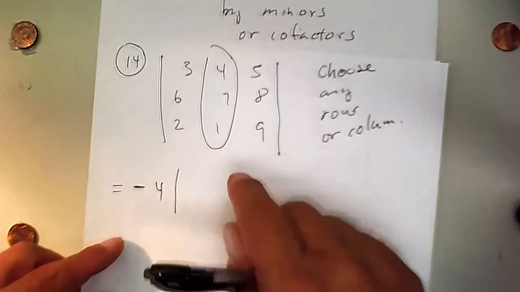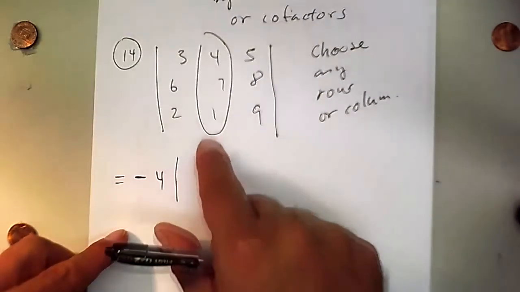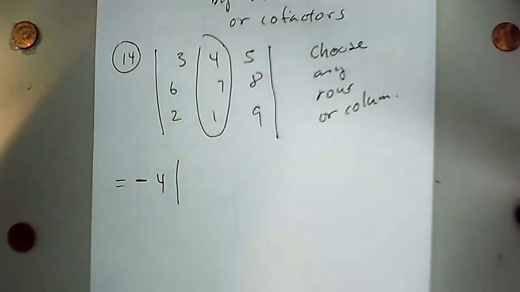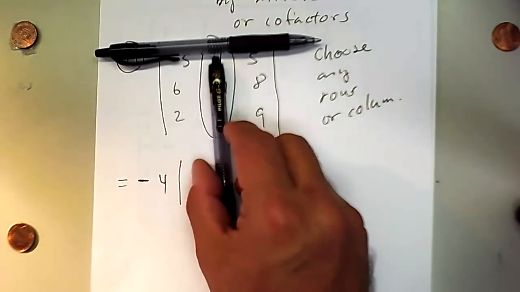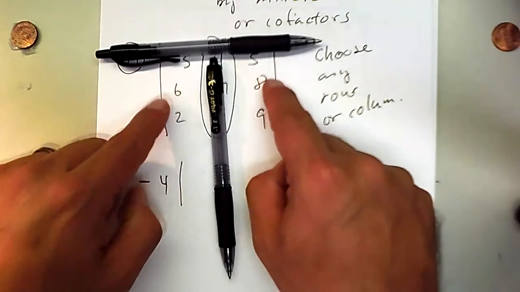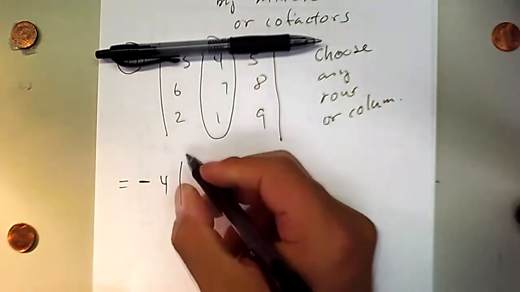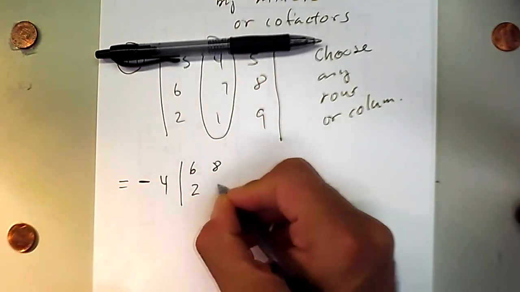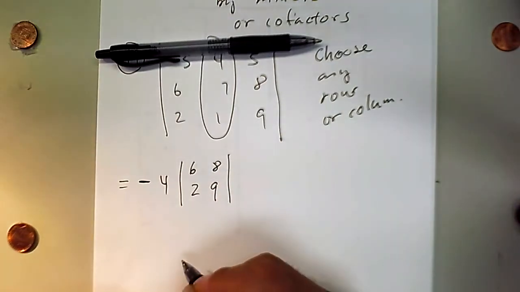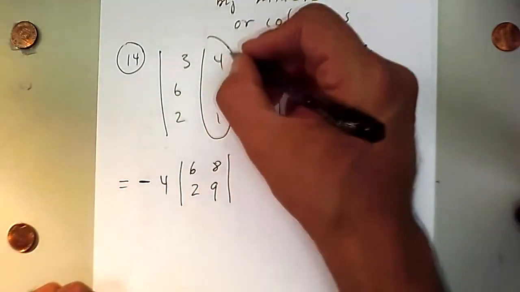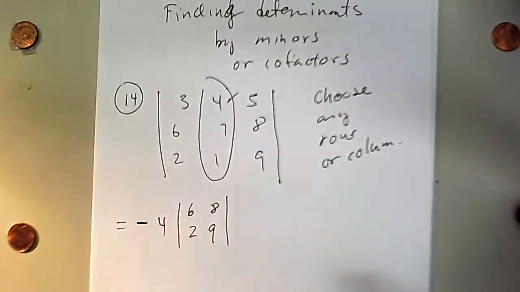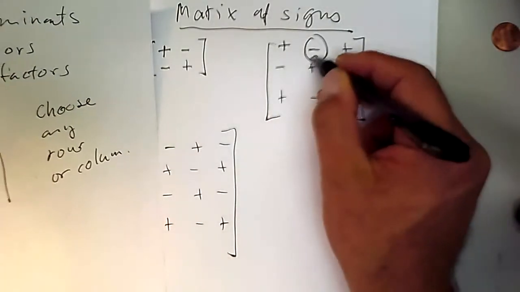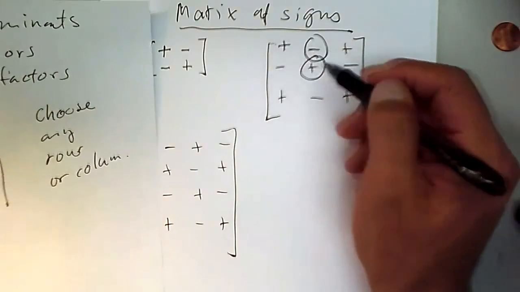Form a determinant in which the row of the 4 and the column of the 4 are gone. So we end up with 6, 8, 2, 9. Okay, 4 is done. Move down to the 7. The position of the 7 has a plus on the matrix of signs.